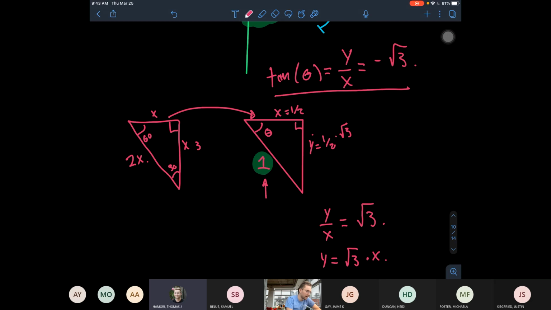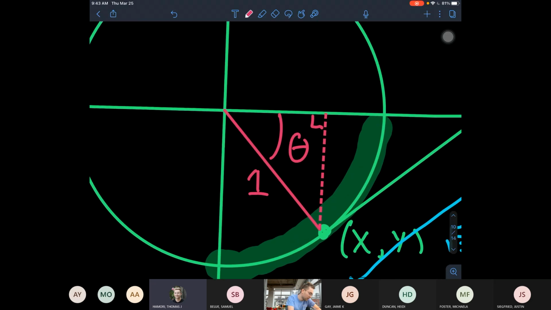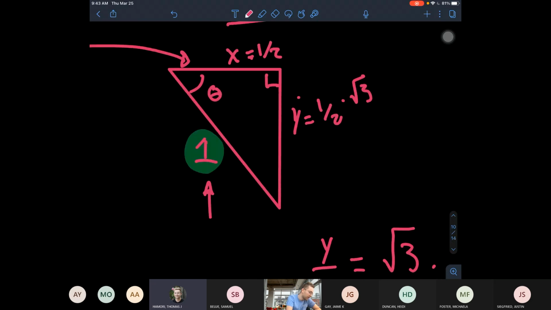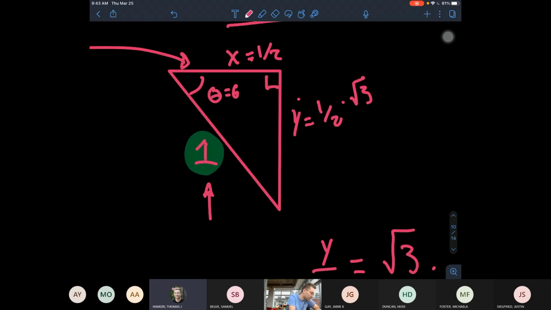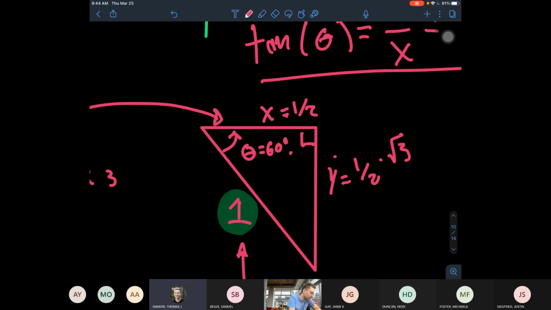And then I can see now that this angle inside the triangle is 60 degrees. But that's if I measure the angle in this direction, from here to here.